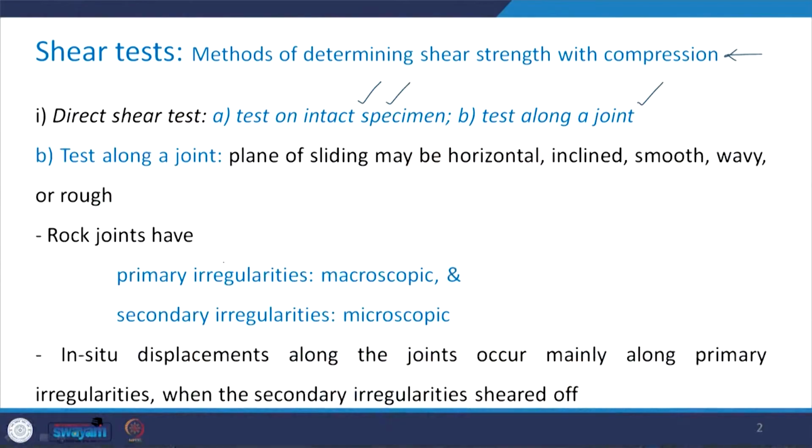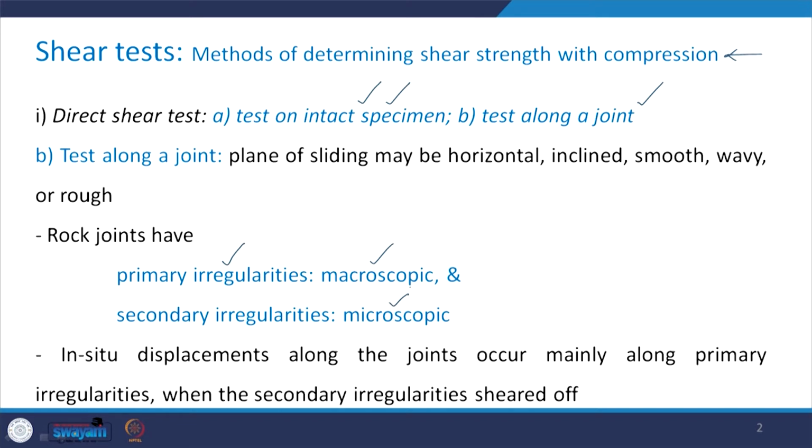Now, those irregularities can be categorized under two classes. First one deals with the primary irregularity, which is macroscopic in nature, that means you can see them. Secondary irregularities are microscopic in nature.